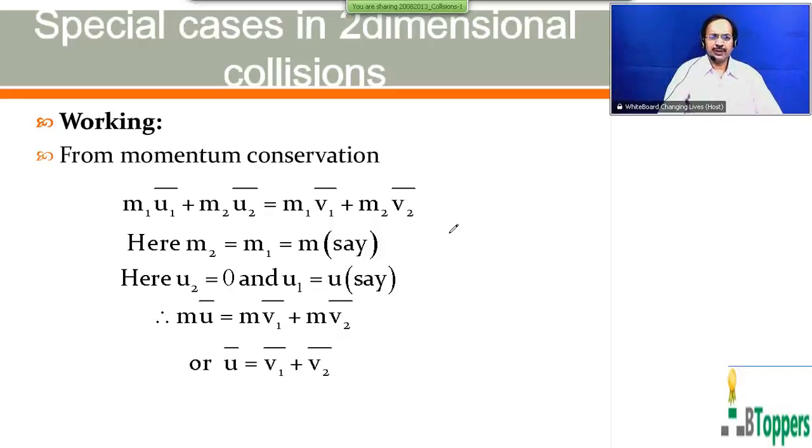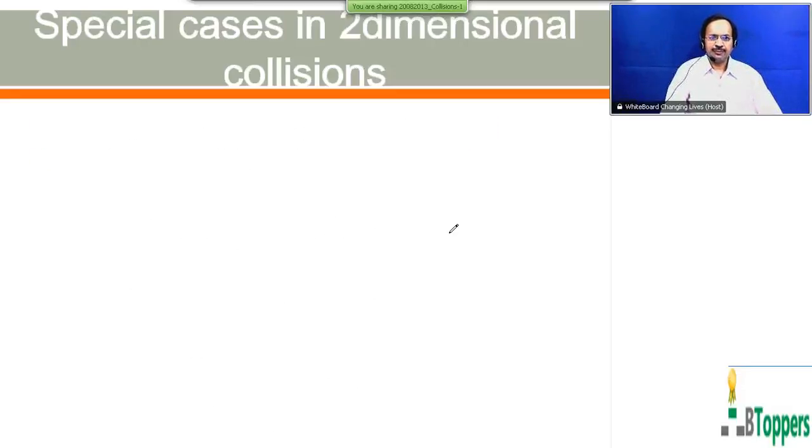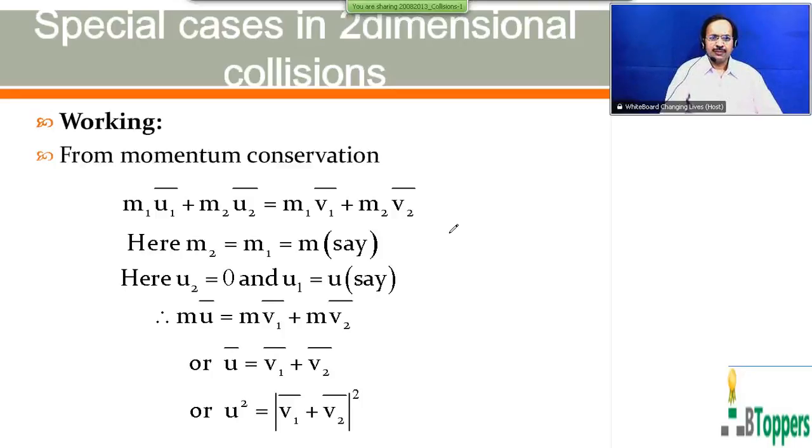If you divide the equation by m, we get u bar equals v1 bar plus v2 bar. Squaring both sides, you get u square equals the square of the magnitude of the vector sum of v1 bar and v2 bar. Come on, all of you first finish copying the notes up to this step. If you finish writing the notes up to this step, then I can show you the continuation on the screen.